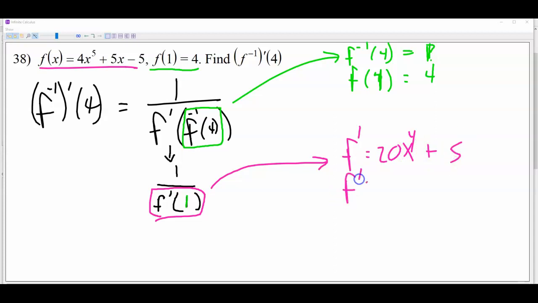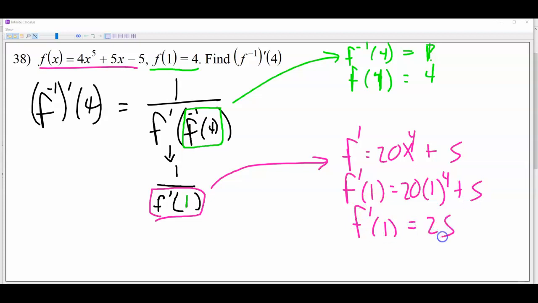And we're going to be plugging 1 into there, which is 25. So my final detour is done. So f prime of 1 is 25. Therefore, my final answer is 1 over whatever that came out to be, which is 25.